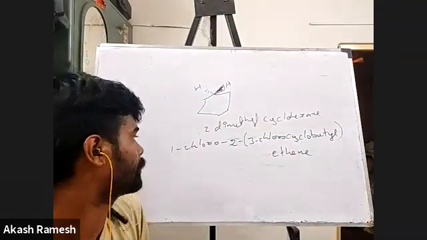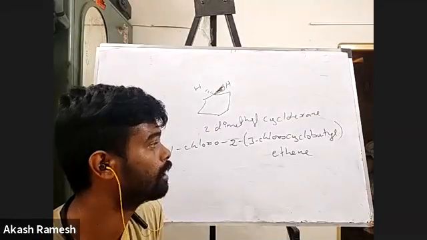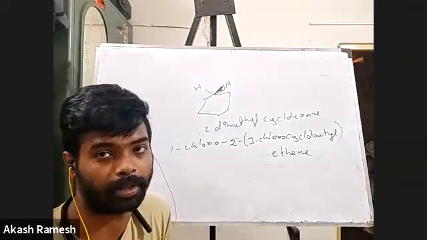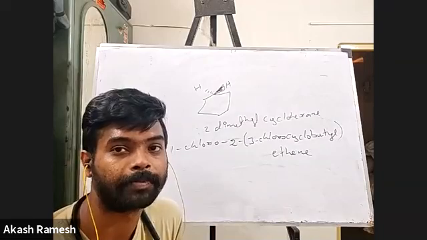So for this compound, 1-chloro-2, in brackets, 3-chlorocyclobutyl ethene, how many different stereoisomers exist? That's what they're asking.